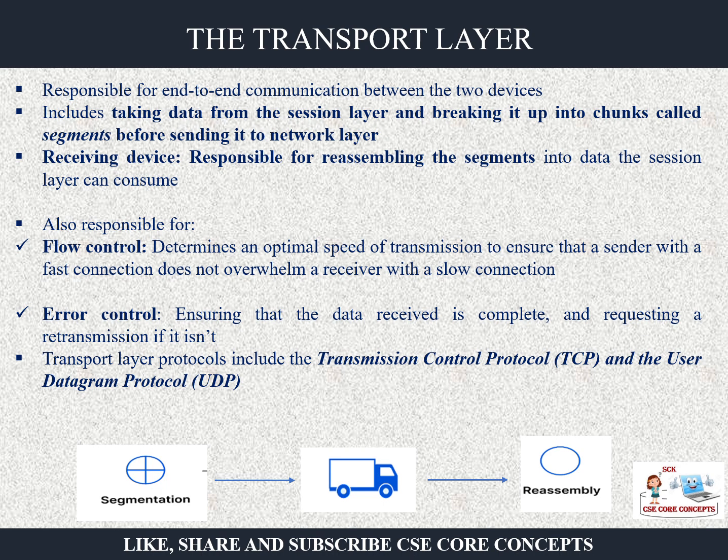This whole data is broken into small parts called segments, and the transport layer sends these segments to the network layer. When the sender is there, it receives the data from the session layer to the transport layer. But on the receiver end it goes in the opposite direction, so the receiver is assembling those segments, right?